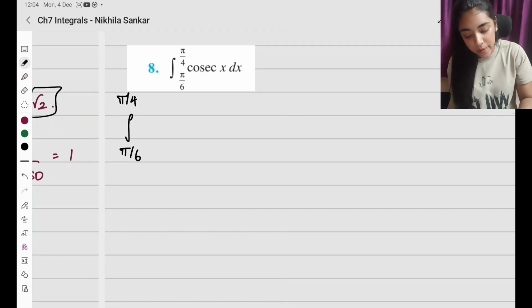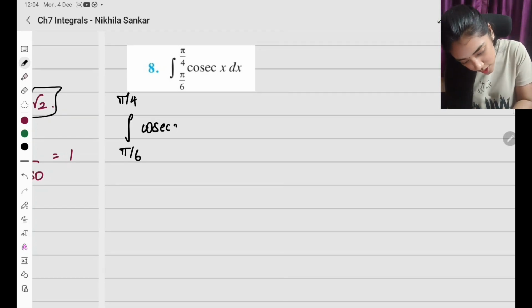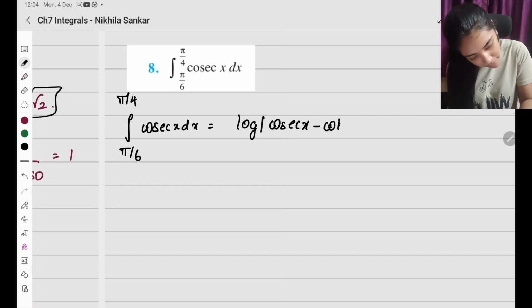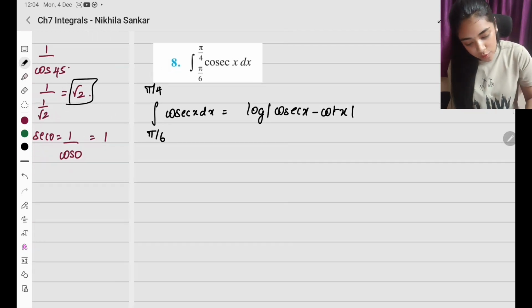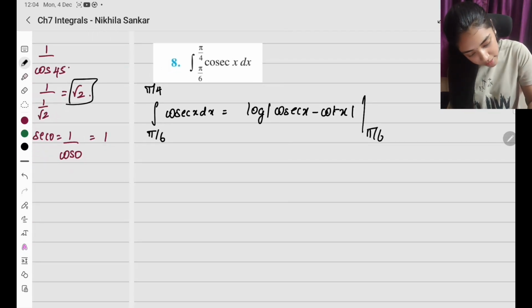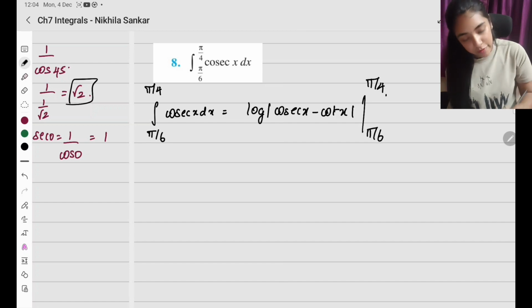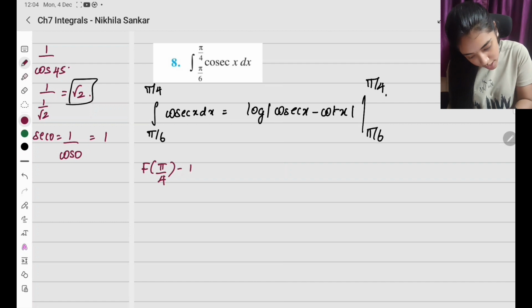Please watch that. Okay. Now the integral of cosecant x dx is going to be log mod cosecant x minus cot x. So this is going to be the integral. Now I need to substitute the values from pi by 6 to pi by 4. Okay. So first f of pi by 4 minus f of pi by 6.